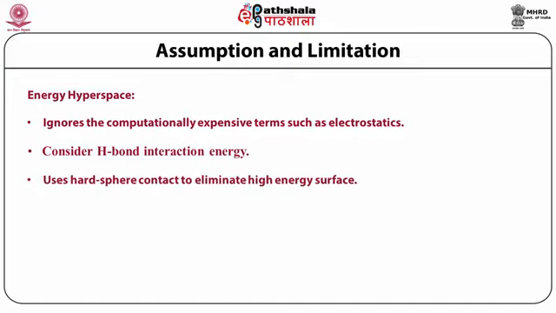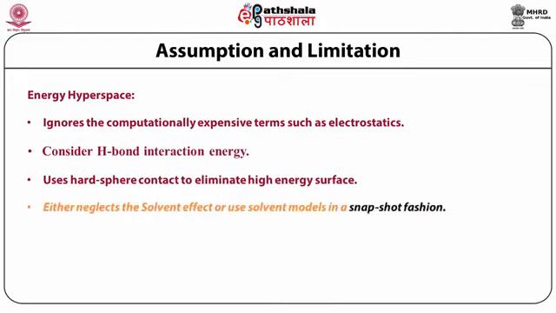So on one side we use steric hindrance to reduce our conformational space searching, interaction space searching, and we use favorably our hydrogen bond energy in most cases where the interaction energies are calculated. Now what happens, either it neglects solvent effect or it uses a limited solvent effect. This is where the limitation comes from because of quick calculations.